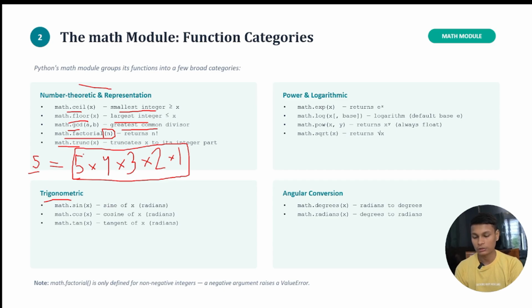A trunc function is in math also, which truncates x to its integer part, which means it removes all the decimal part and gives you only the integer part. And now you can see that some trigonometric functions were also there. You know sine, cos, tan, all these things. There are six types of trigonometric functions.